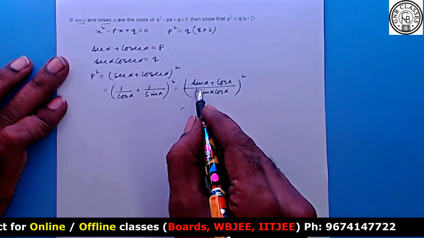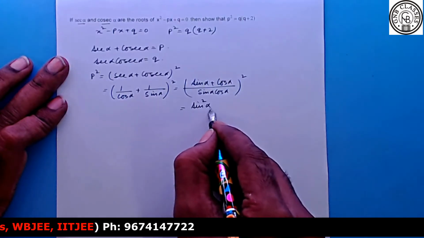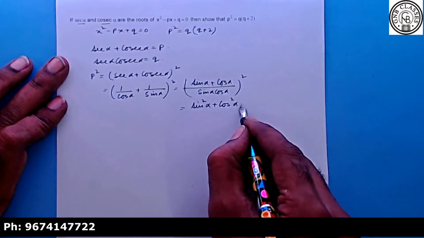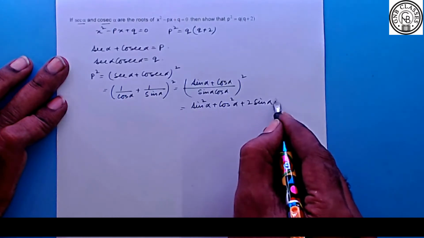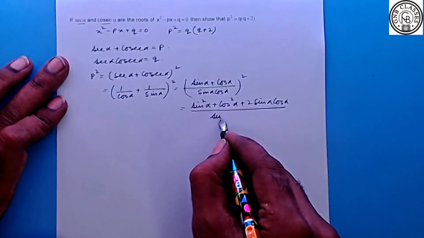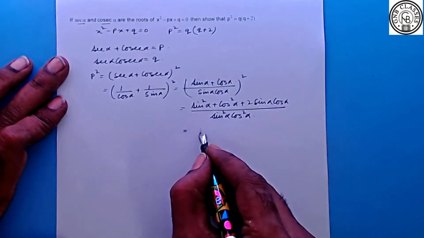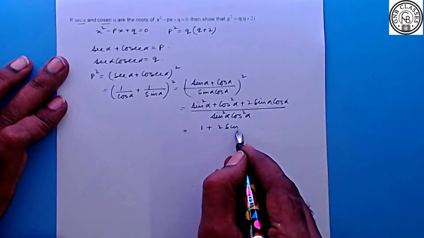So, if I open the numerator (a + b) whole square, and in the denominator we are having sin α cos α, so sin²α + cos²α is 1.